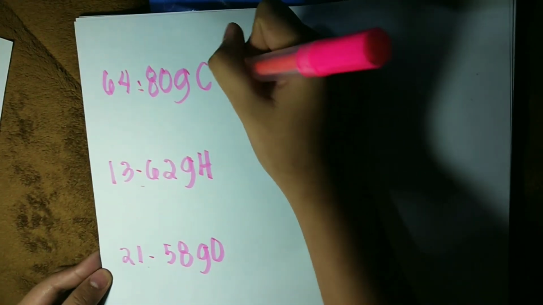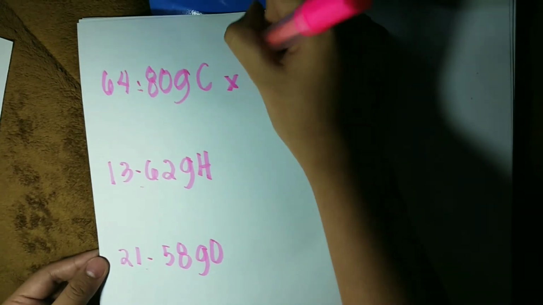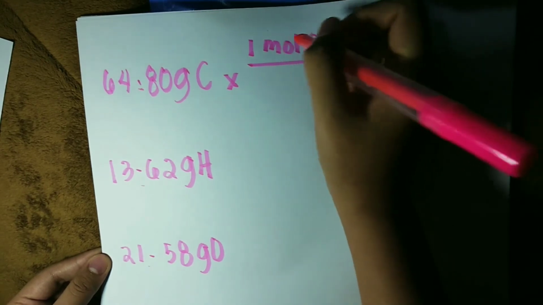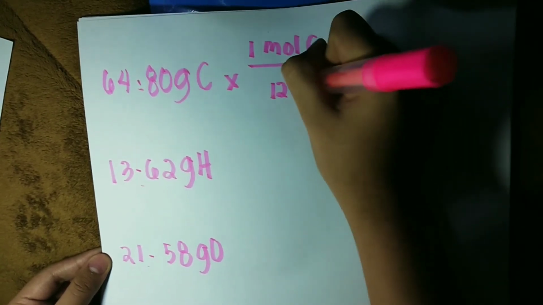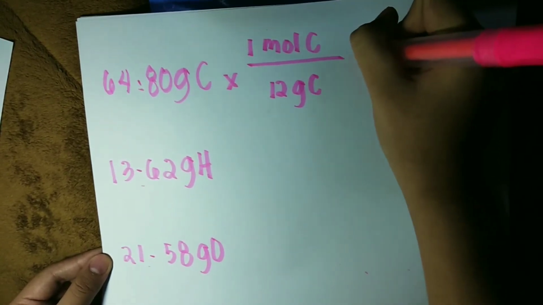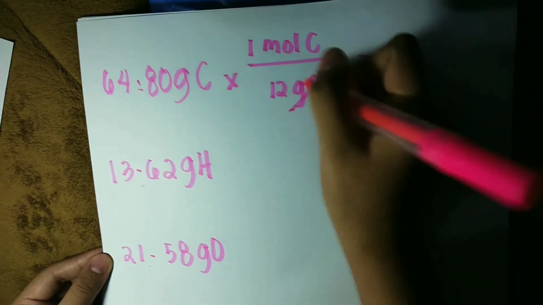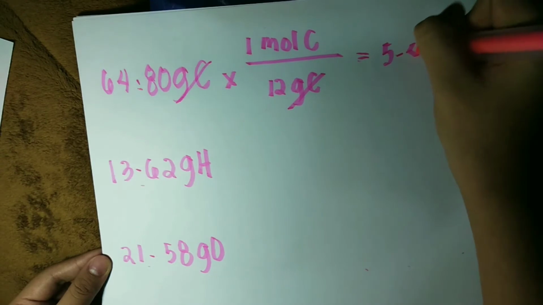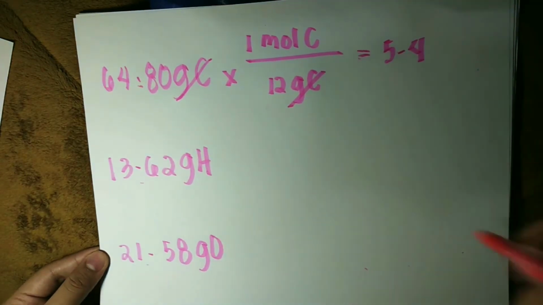So 64.80 grams of carbon multiplied by 1 mole carbon over 12 grams of carbon. Cancel out, is equals to 5.4.